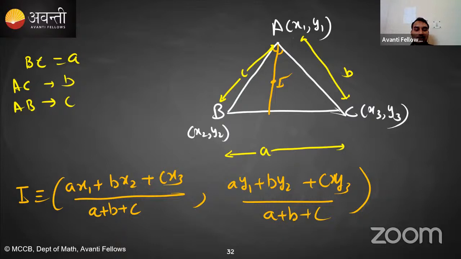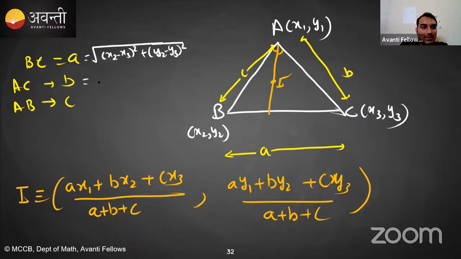So you should remember that a, b, c are nothing but side lengths. How will you find the side lengths? If I ask what is the side length a, the coordinates of B and C are known, so it is the square root of x2 minus x3 whole square plus y2 minus y3 whole square. Similarly, what is b?